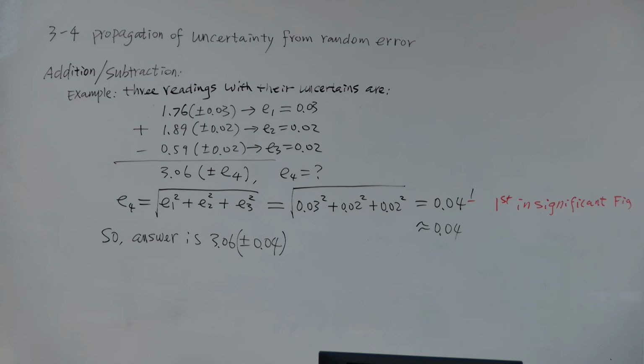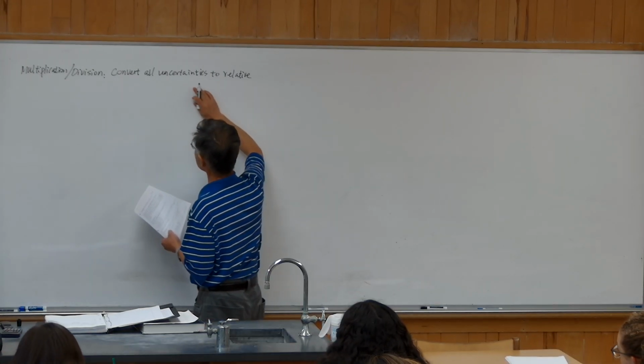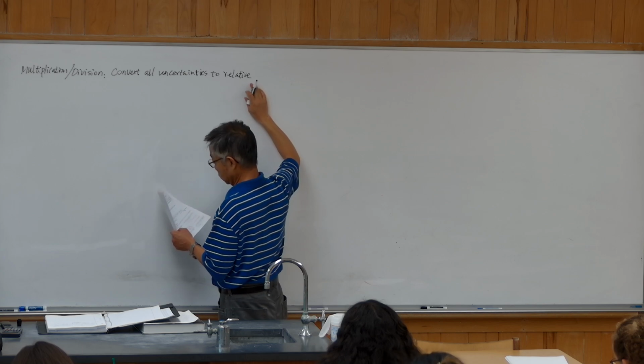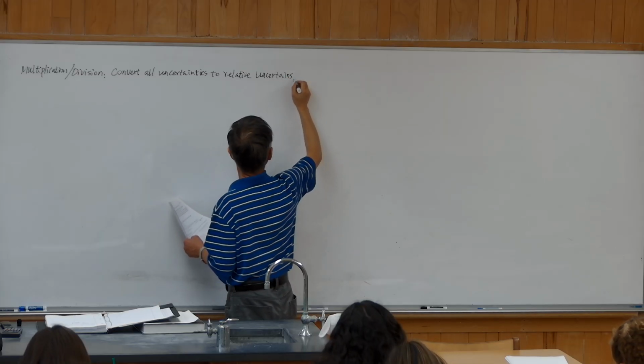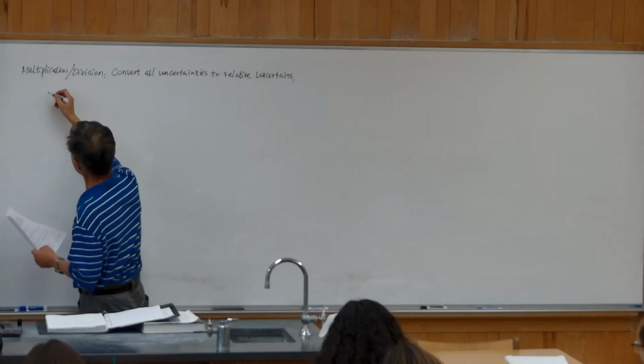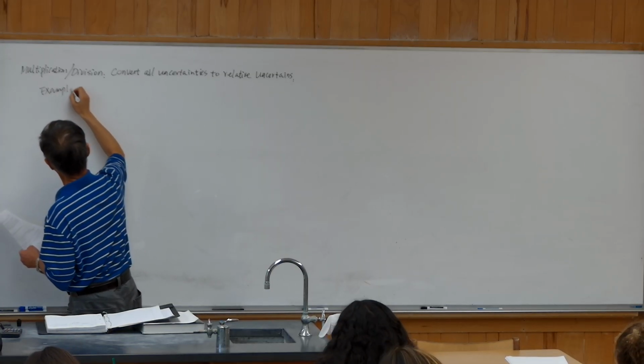So the rule is we need to convert all uncertainties to relative uncertainties. Let's see an example.